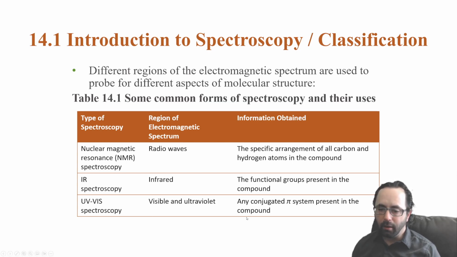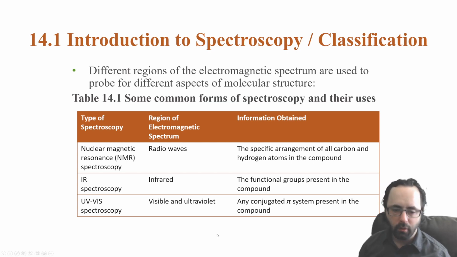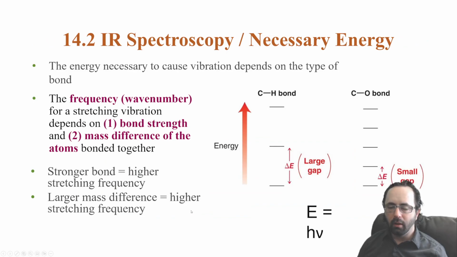As we're going to see later on when we talk about molecules with conjugated pi bonds, meaning extended pi bond systems with extended parts of delocalized electrons throughout the molecule, these are going to absorb visible and ultraviolet light. And so we'll get information about the structures of these molecules from that type of spectroscopy as well. So let's start by talking about IR spectroscopy.